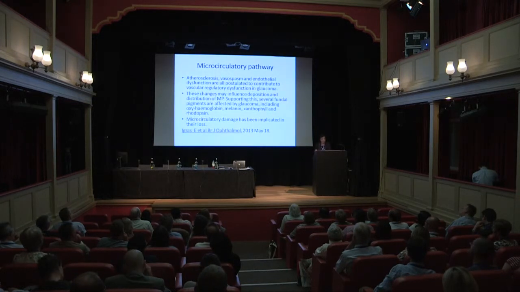Another postulation that's come up is that glaucoma is a microvascular disease, and therefore a depletion of macular pigments is due to a depletion of the circulation to the eye. We know that in glaucoma the ocular blood flow reduces, so one reason macular pigments are decreased is that the microcirculation is affected. Third theory, it might be a macrocirculation problem: what we consume in the diet may not go up to the eyes because of atherosclerosis or circulatory disorders in the central retinal or posterior ciliary arteries.